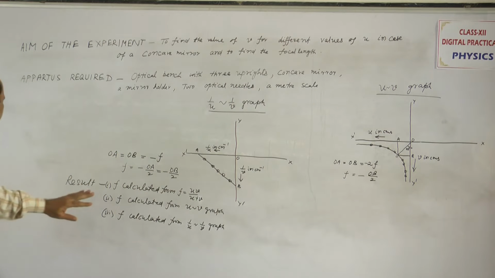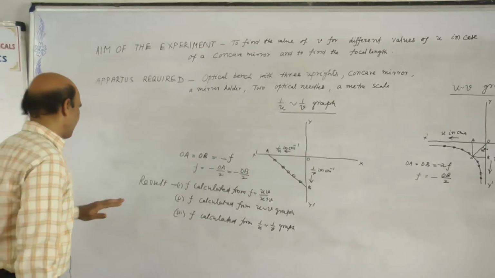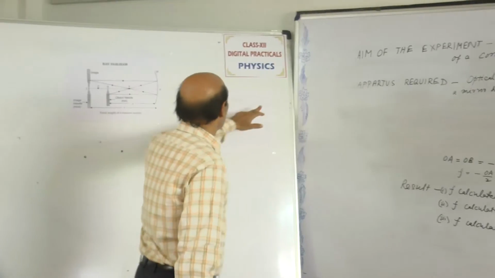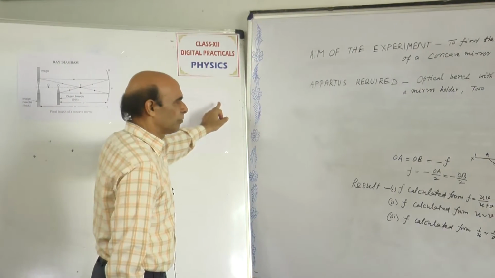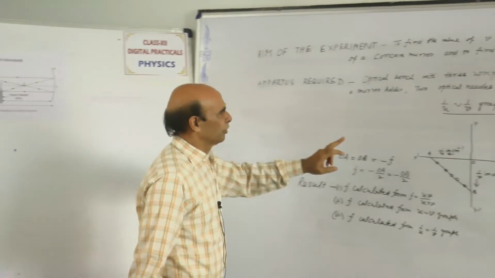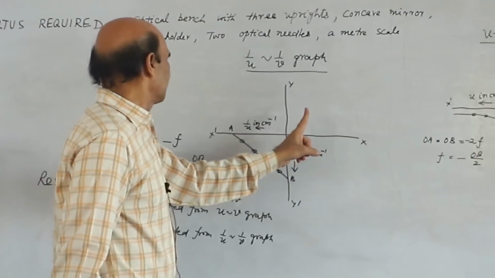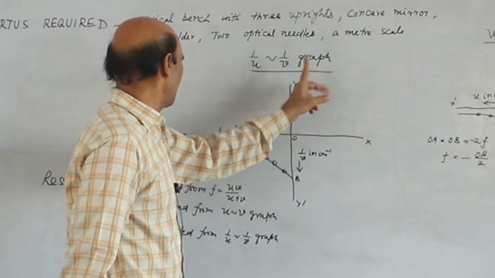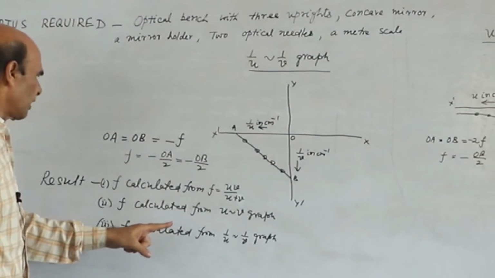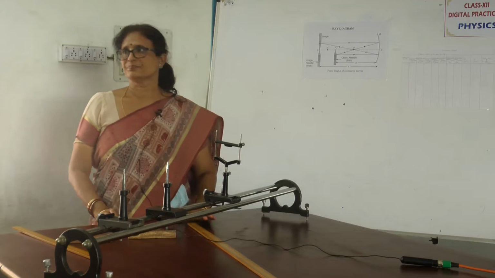And here we will get three values of F: one F calculated from the formula for the focal length of the concave mirror, then from the UV graph we will calculate another value of F, and from the third graph, the 1 by U versus 1 by V graph.